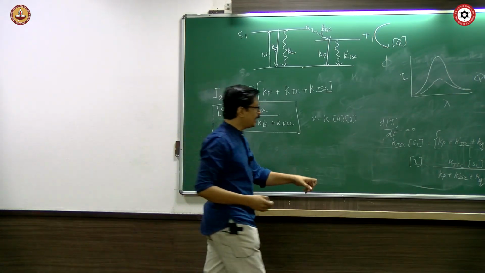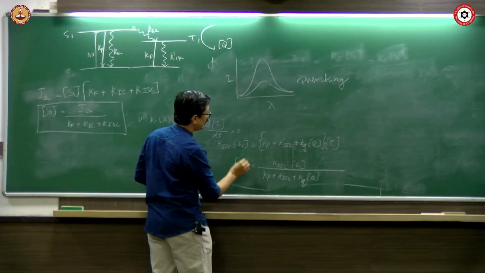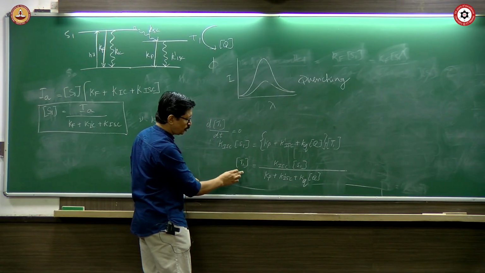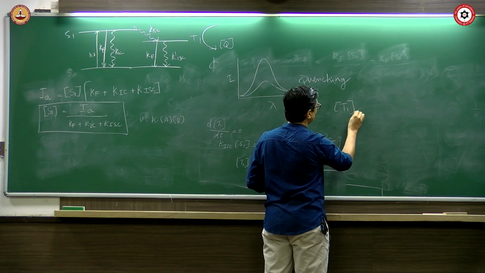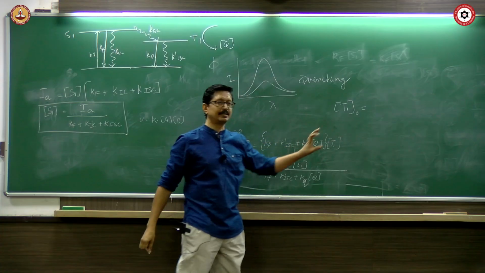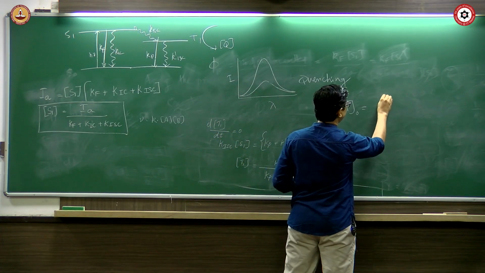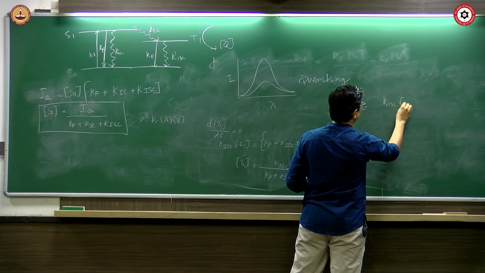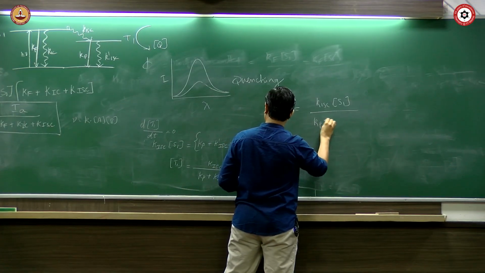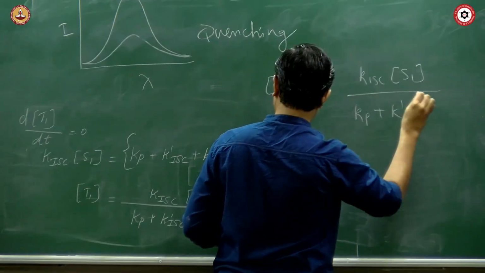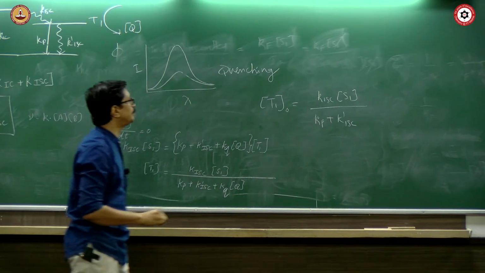So here I can write this as T1, which is T1 in the presence of quencher. What was the expression for T1 in the absence of quencher? I put it as T10.